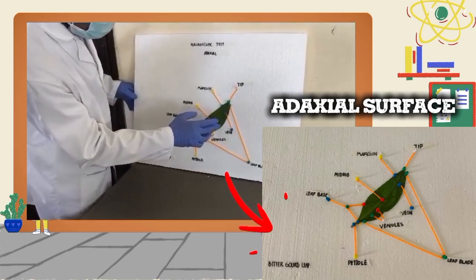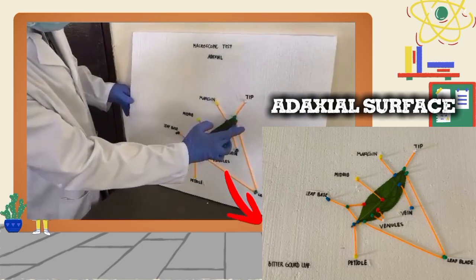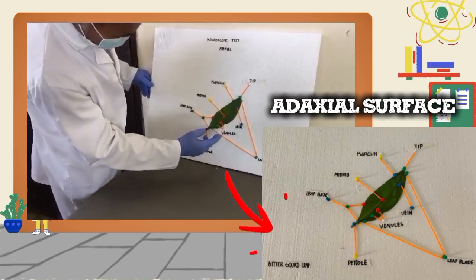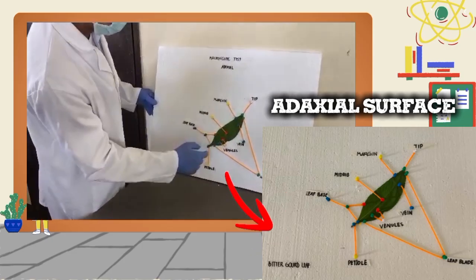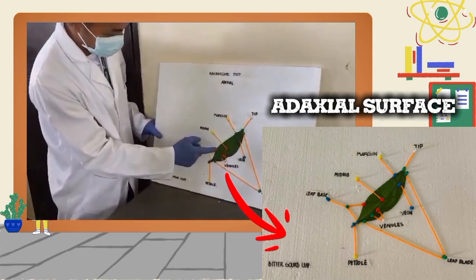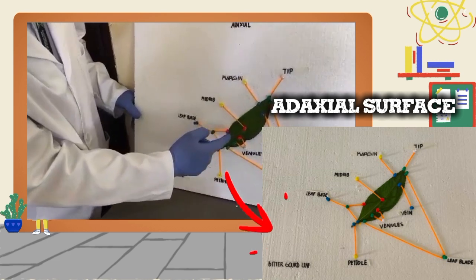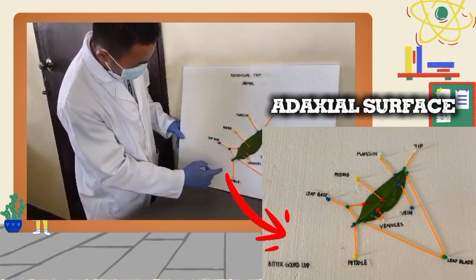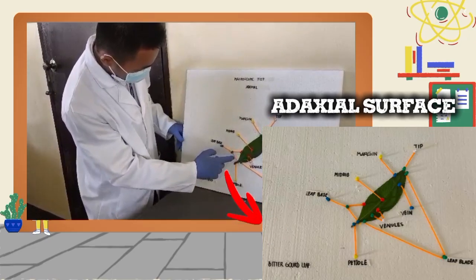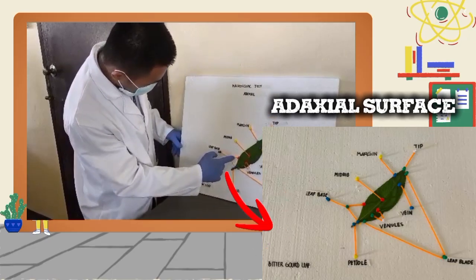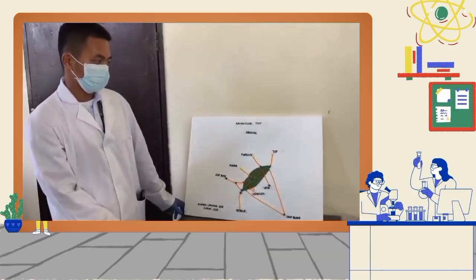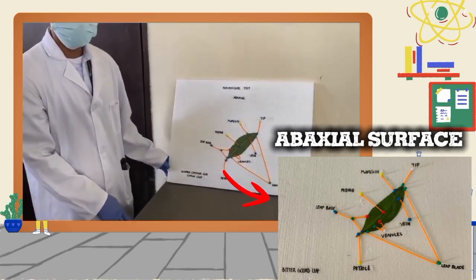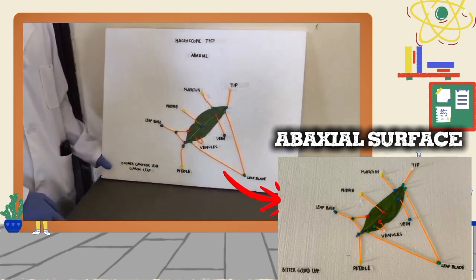And the leaf blade, which is this one. The midrib, which is at the middle of the leaf. The leaf base, which is right at the bottom and the side of the leaf. Now let's look at the abaxial side of the Gabon leaf.